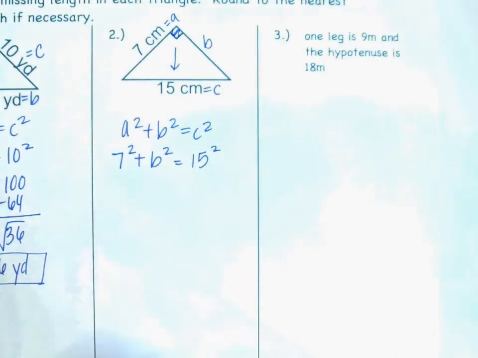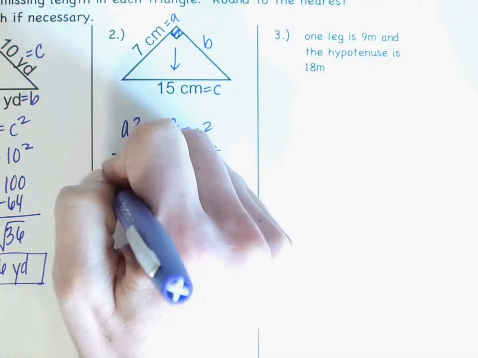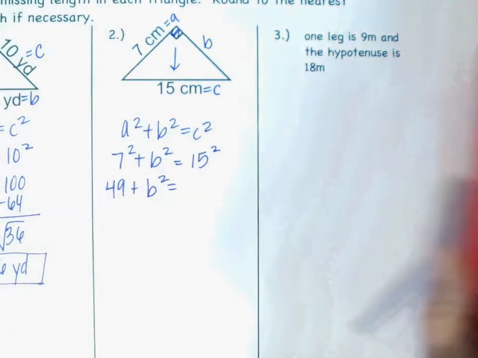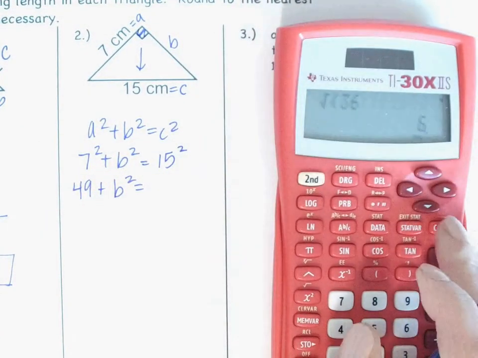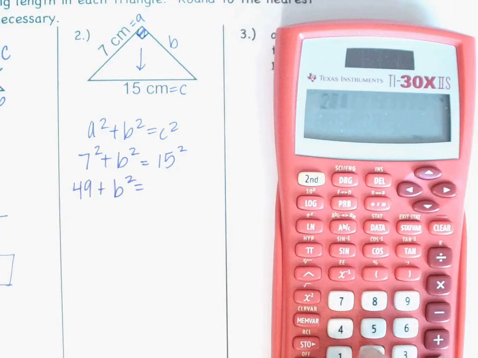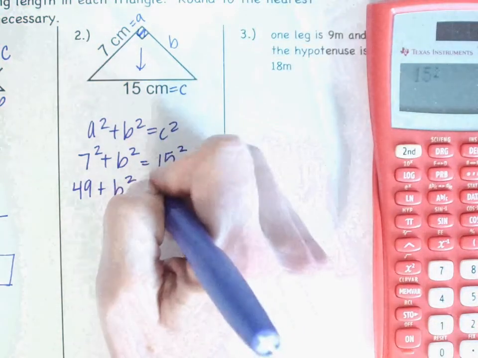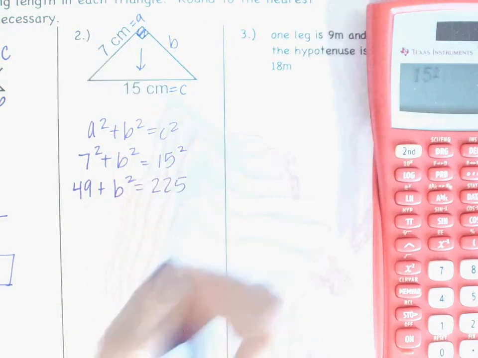My next step, I'm going to square everything. So 7 squared is 49. B squared. 15 squared, just a reminder on how to show that to you. So 225 squared. Oh, the answer is 225. Whoops. So 15 squared is 225. There we go. So we'll put that in its place.